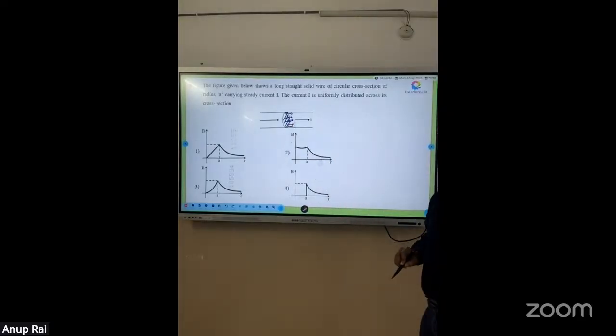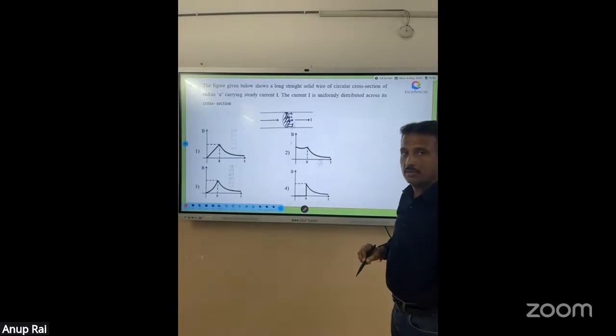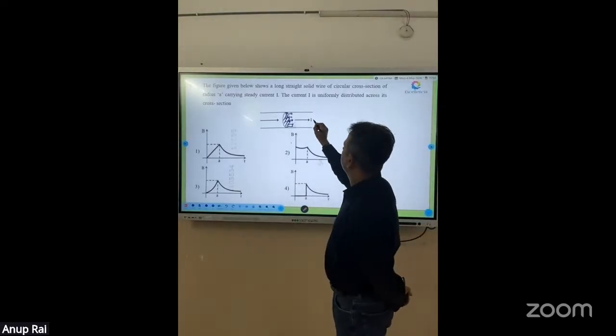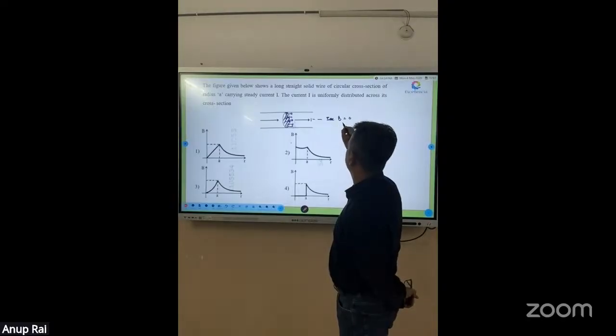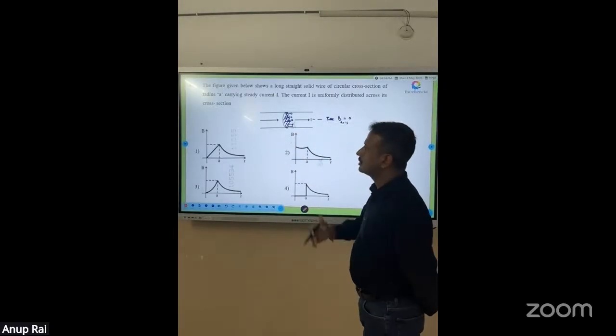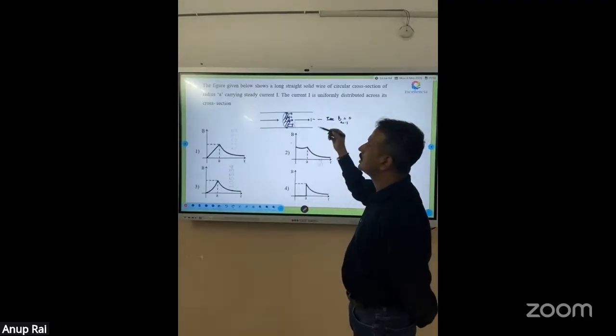In such cases, we use Ampere's law to calculate that, and we know that the magnetic field at the axial point we get is 0 at the axis. From the axis to the boundary of the wire, the circumference of the wire, it goes with linear variation.